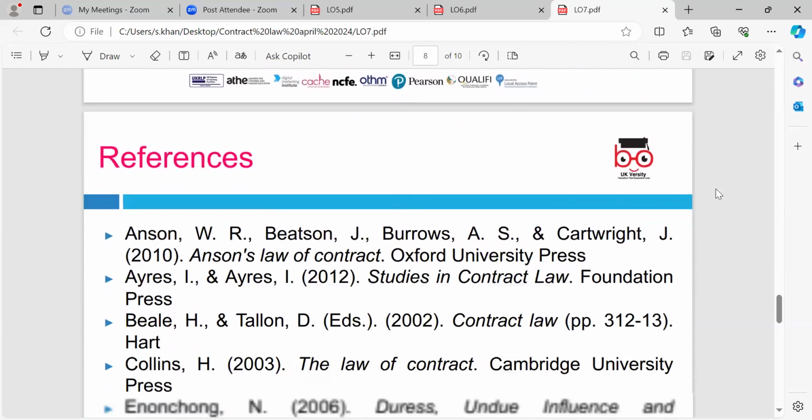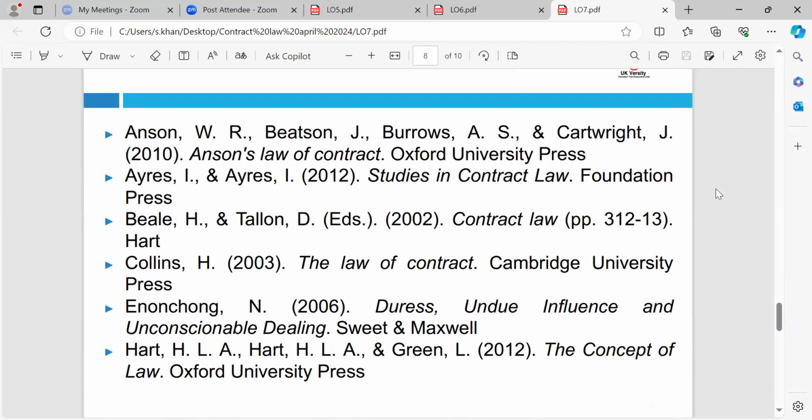So we've finished looking at damages within contract law. We looked at Learning Outcome 7, which was to understand the legal issues of damages in contract law and how it's a legal remedy available to parties. We looked at compensatory damages and non-compensatory damages and what each element is.